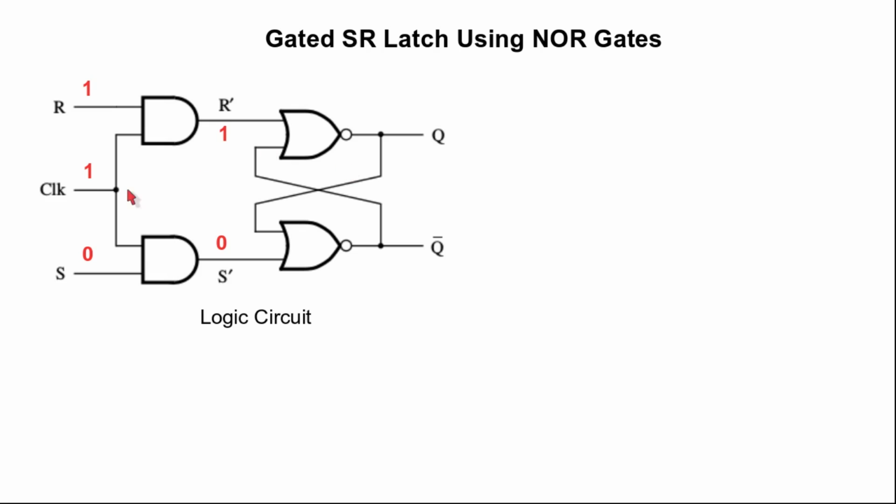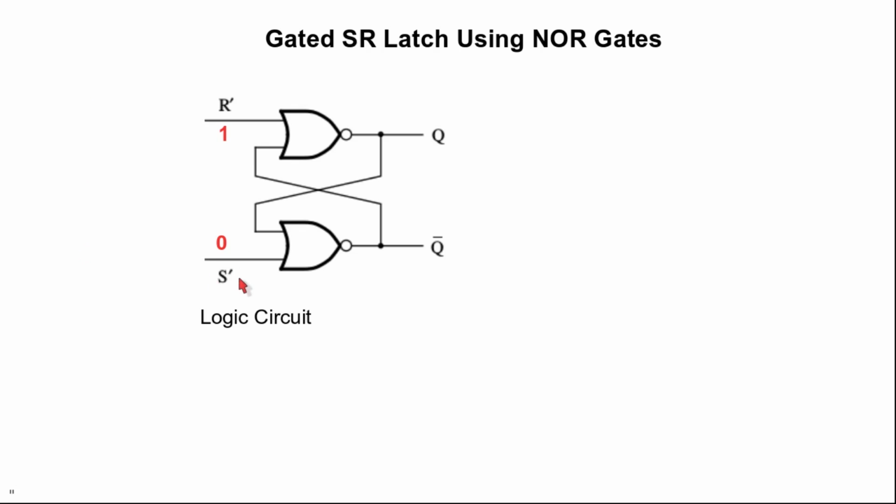So in this particular scenario where R is 1 and S is equal to 0, the output of the first AND gate will be 1 and the output of the second AND gate will be 0. So now we have a situation where for the basic SR latch, the R input is 1 and the S input is 0. We know from the characteristic table of the basic SR latch using NOR gate that Q will be equal to 0, which means we go to the reset state.